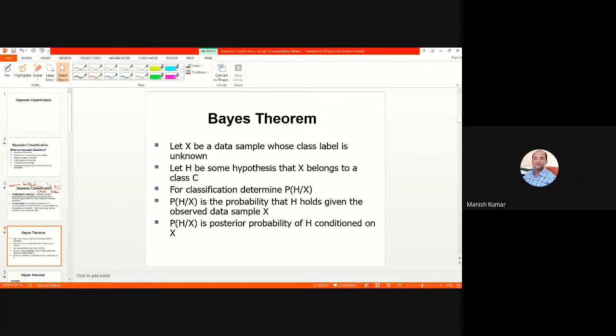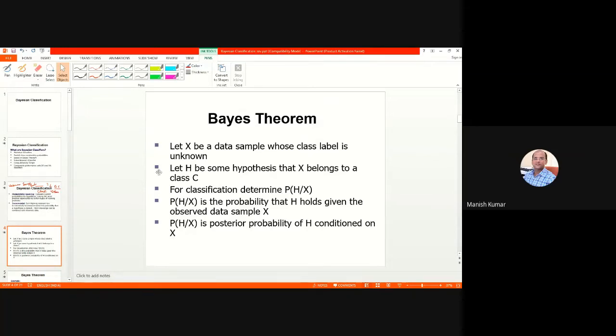Let us go to what we call Bayes theorem. This is a very famous conditional probability based theorem. It states that, suppose X is a data sample whose class label is unknown. Let H be some hypothesis that X belongs to a class C. Remember, X is a data sample.